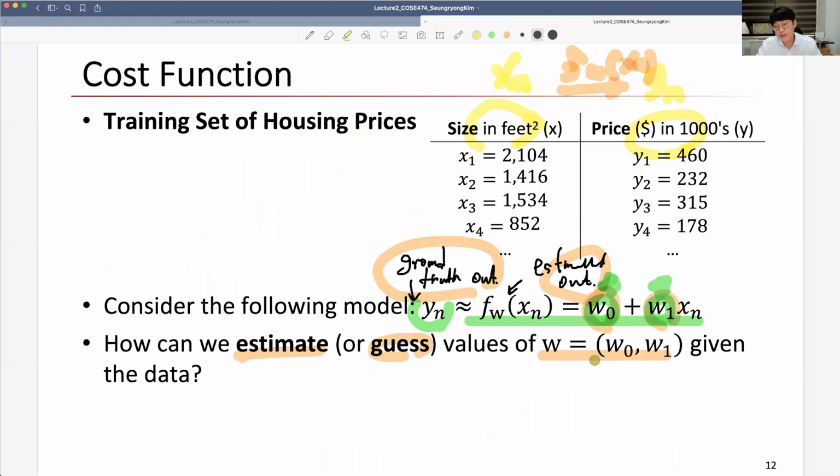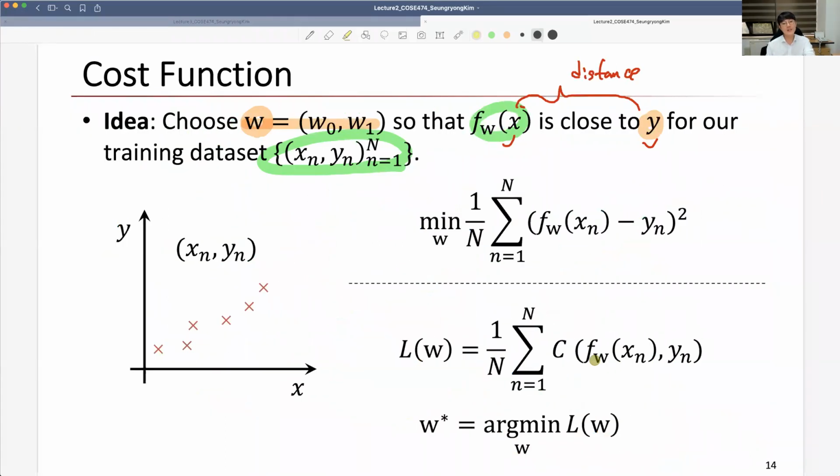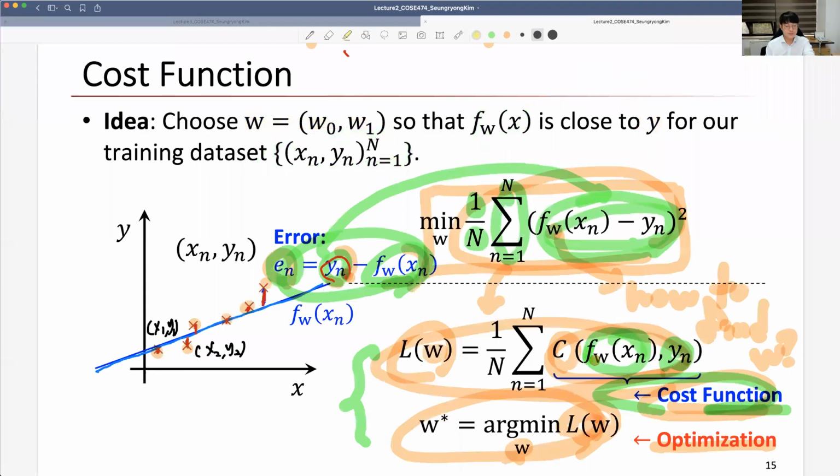And how can I find this parameter W? To estimate the parameter, we need to define the cost function first. Then what is the cost function? Cost function is the distance between the ground truth y and the estimated f(w, x).